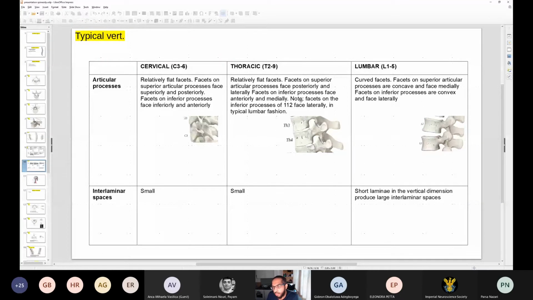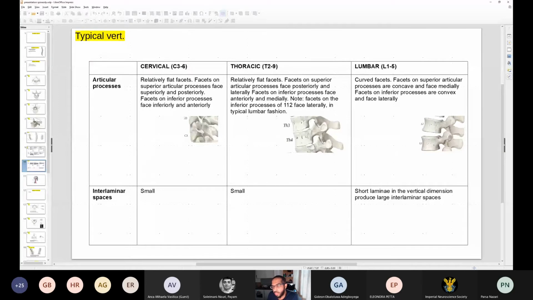In the lumbar region, they are curved, and this is a difference from the flat cervical region. So you can see that the articular processes, which are fairly covered here by the transverse process, you can't actually see the inside surface of it like this, so it's definitely not pointing laterally, right?